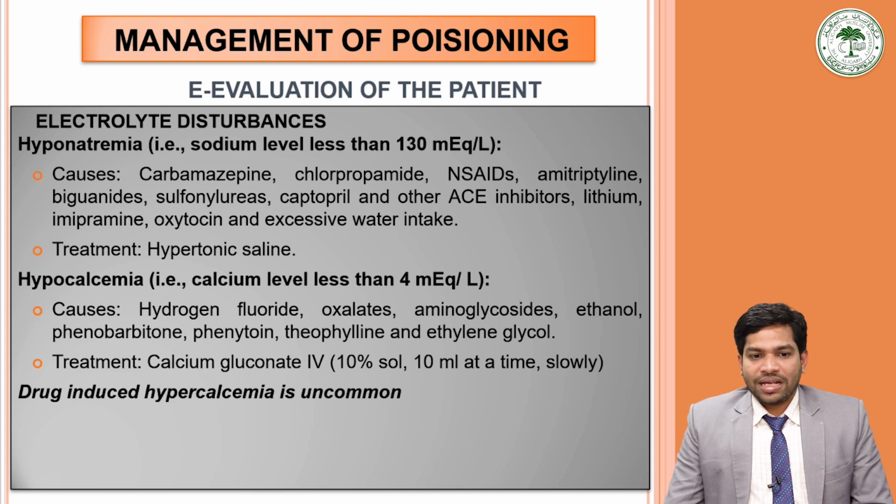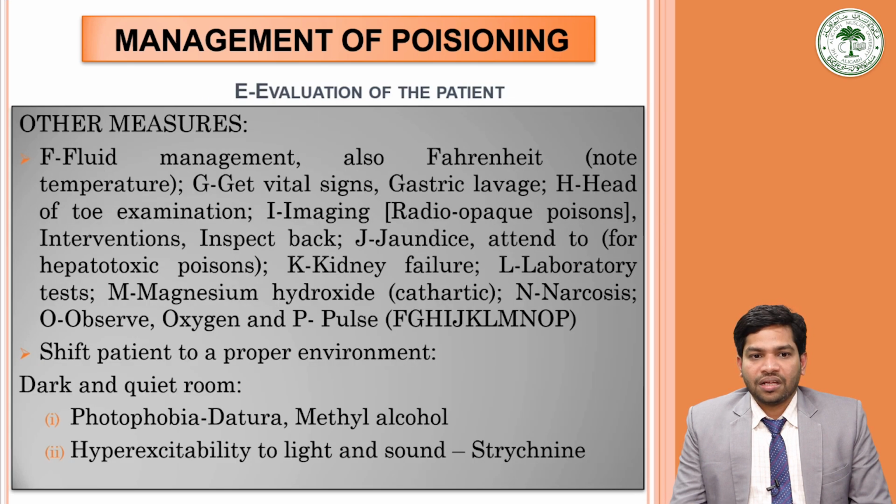Treatment for hypocalcemia shall be calcium gluconate given in 10% solution, 10 ml at a time, slowly. Drug-induced hypercalcemia is very uncommon. So with this, we shall look for the different electrolyte imbalances and manage them accordingly.